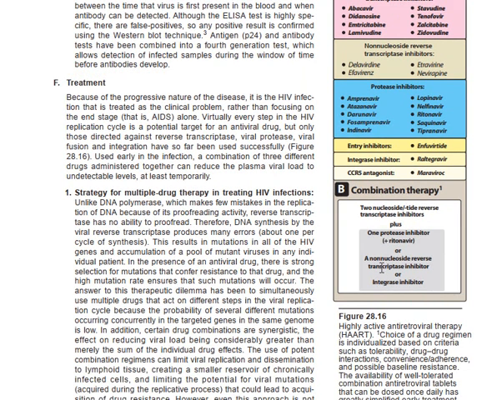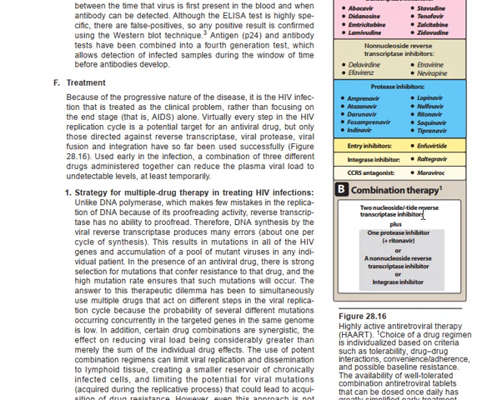So you need to know that when you want to do highly active antiretroviral therapy, you do a combination of these drugs. You can use 2 nucleoside or nucleotide reverse transcriptase inhibitors, so use 2 of them.